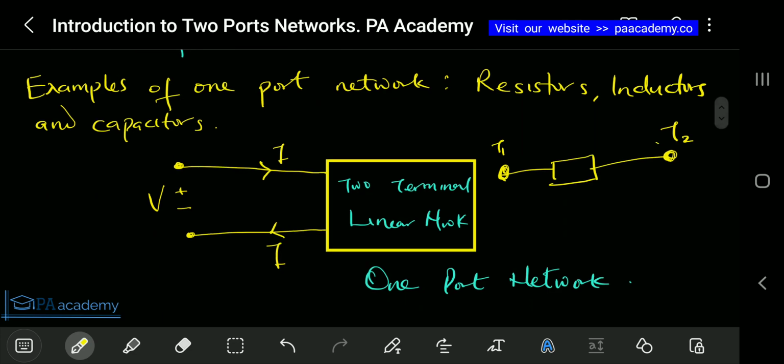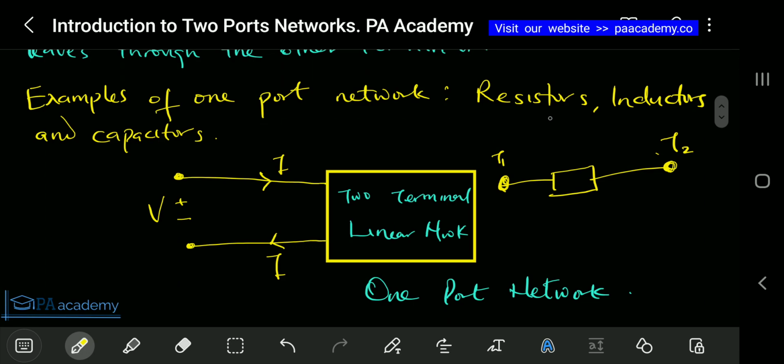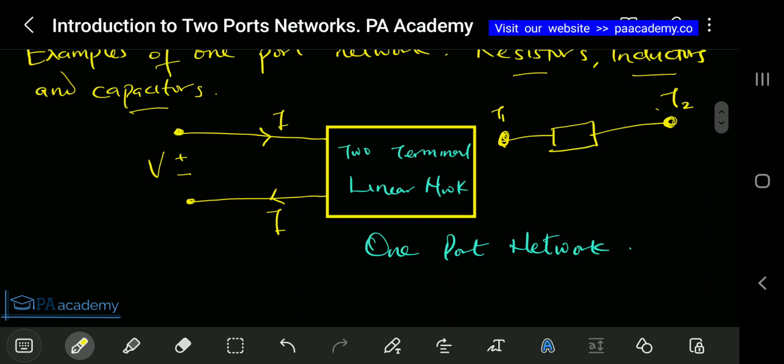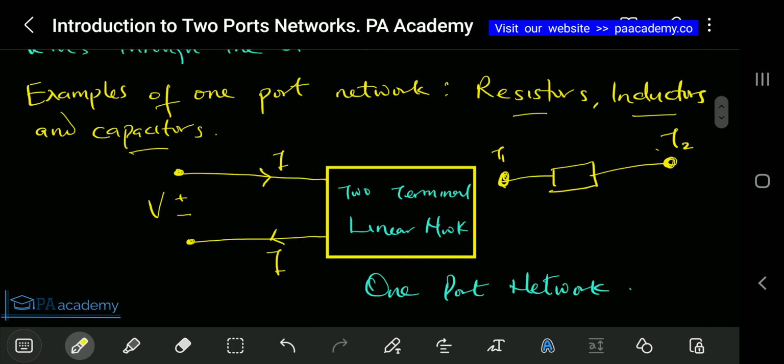Take note of that. Examples of one port network are the resistor, inductors, and capacitors. If you have come across some of these components, you see that they are two-terminal components. So basically, when you have a component with two terminals, we can regard it as a one port network. This is just a schematic diagram of what a one port network looks like.